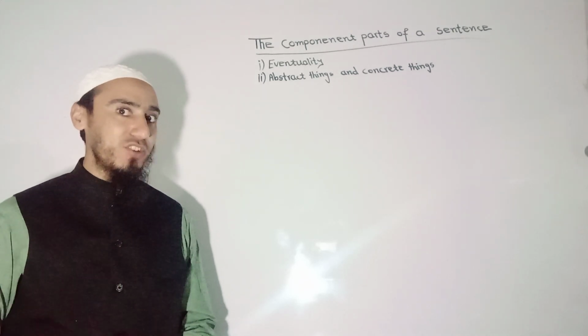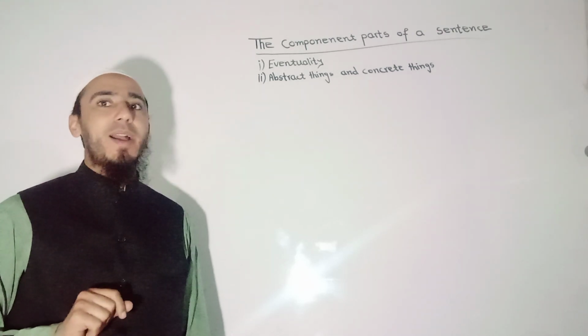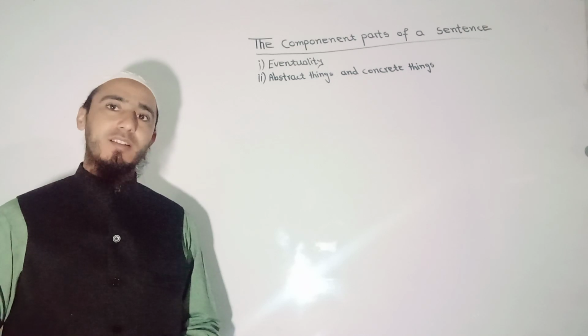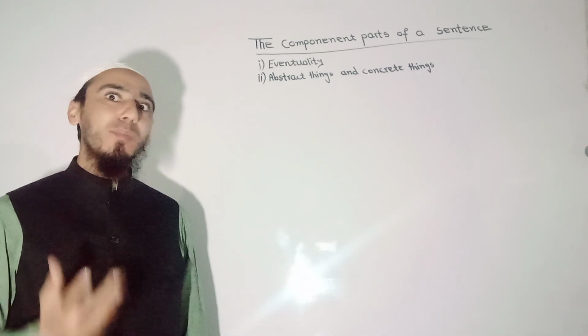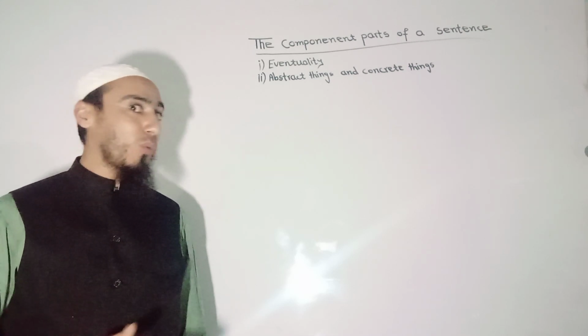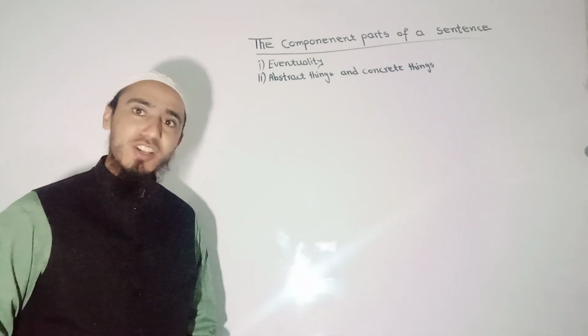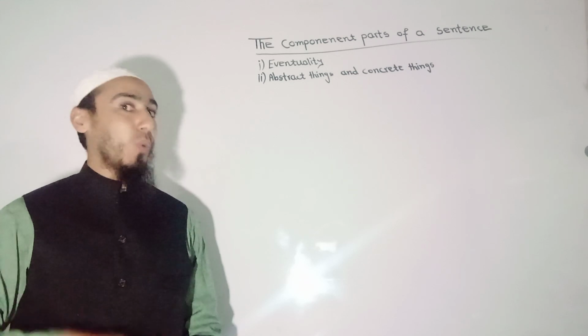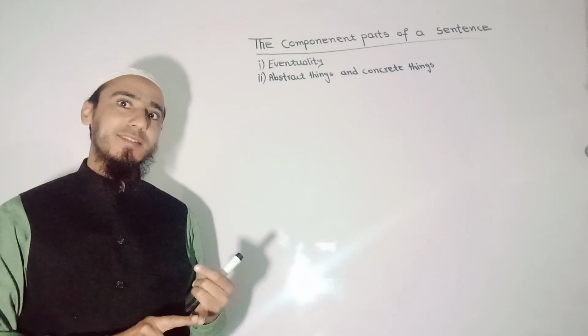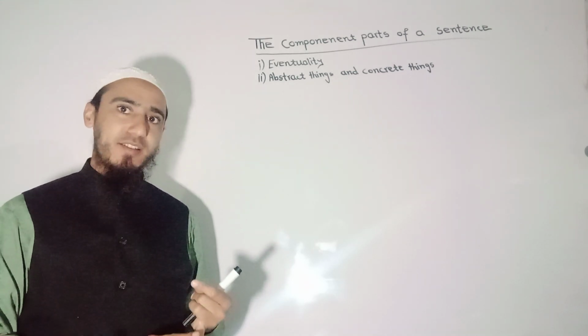Now, there is another question which touches our mind, and that question is: what is the proper phrase? What kind of phrase represents eventuality in the sentence? What kind of phrase represents states of affairs in a sentence?